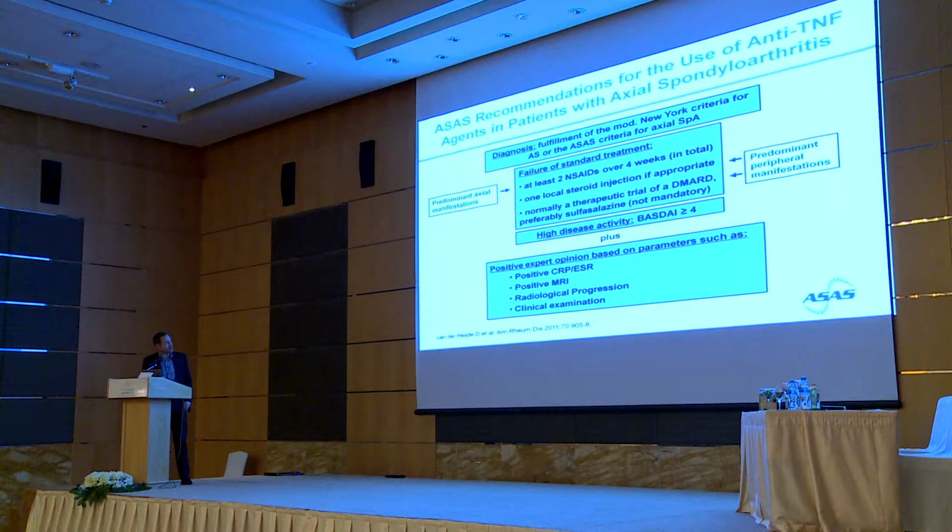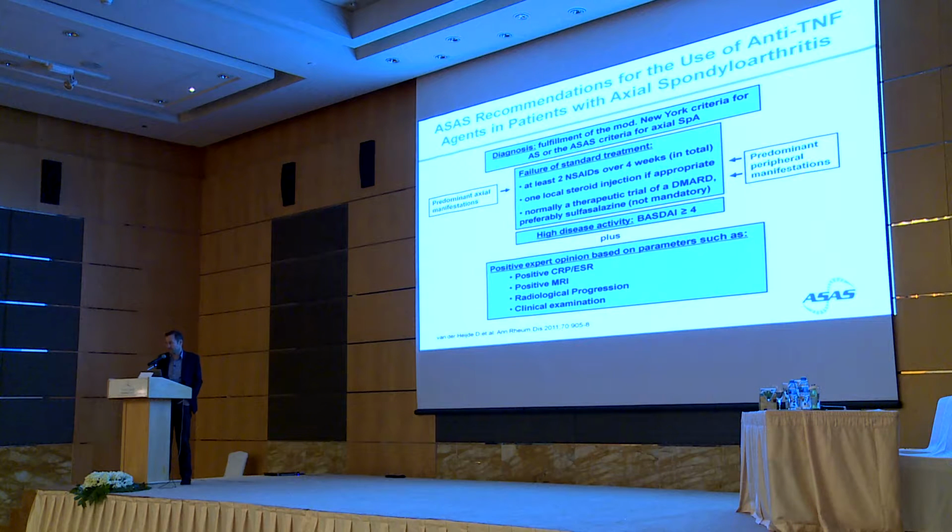And if this does not work, this means there is still high disease activity. We measure it with an index called BASDAI. It goes from 0 to 10. If it's more than 4, it's high disease activity. Plus, of course, when the physician, the expert, needs to be convinced that this is high disease activity. Anyway, then you would give a TNF blocker. So at least 2 NSAIDs. And maybe also sulfasalazine.